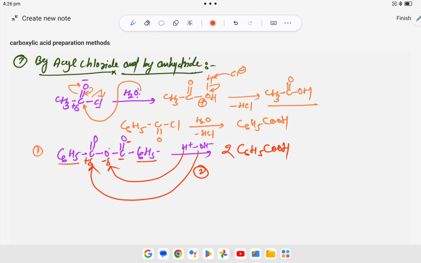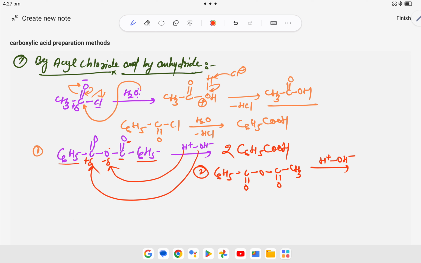But here if a different alkyl is attached, suppose C6H5 C double bond O, O, C double bond O and CH3 is attached, then the same work you have to do, H plus OH minus.